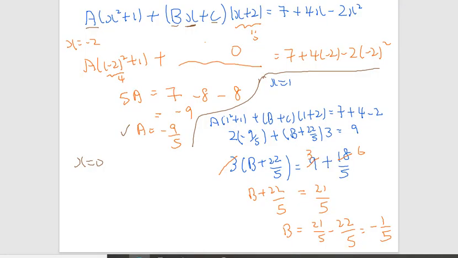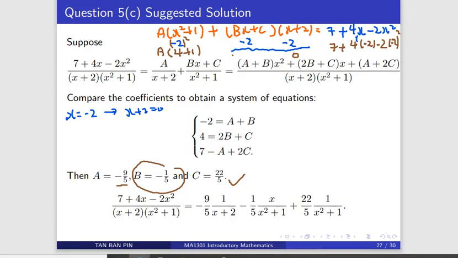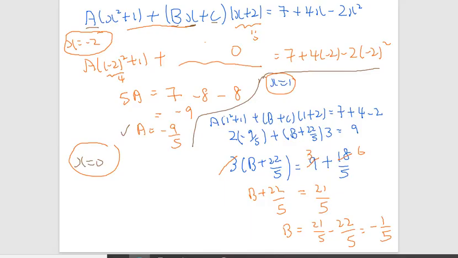So this is another way to do it. You just need to sub suitable values of x: minus 2, 0, and 1. We just compare the numerators. You can say a bracket x squared plus 1, plus bx plus c times x plus 2, must be 7 plus 4x minus 2x squared. And then you just sub numbers.